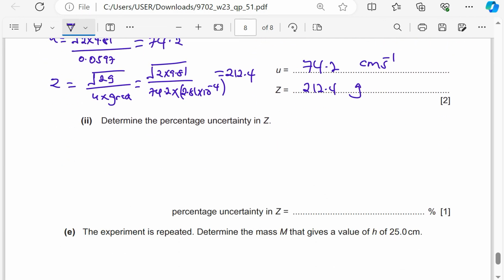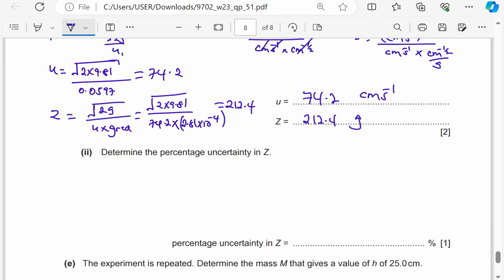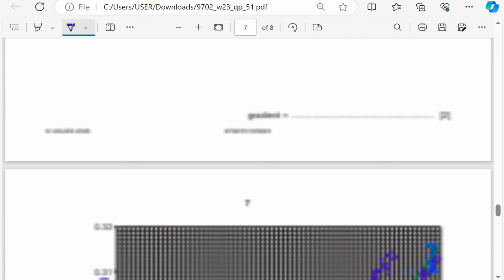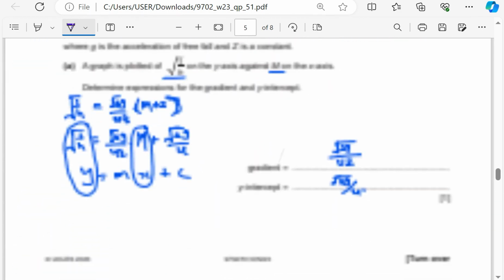Then determine the percentage uncertainty in z. You have so many options here. For instance, when you look at the general expression, we said that the root of 1 over h is equal to the root of 2g, I think, into m plus z over uz, which meant that, well, what is that expression? I don't want to go back to Genesis.